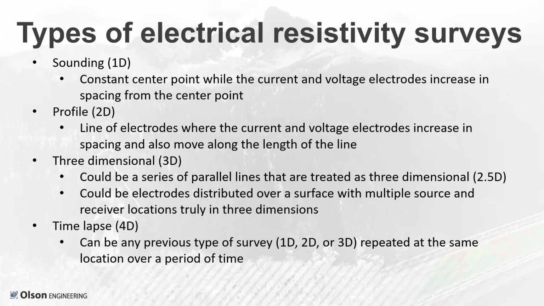That's a 2.5D. And you can do a true 3D survey where you have electrodes distributed over a surface and do multiple source and receiver locations. But this is typically much slower than doing a 2.5D pseudo 3D survey, and so it's usually only done more in research settings.